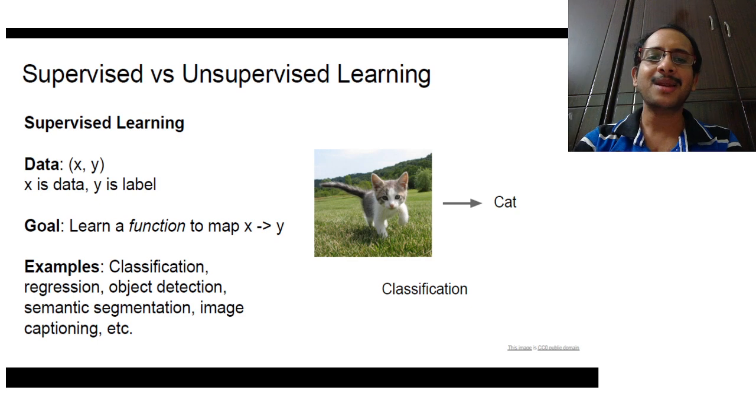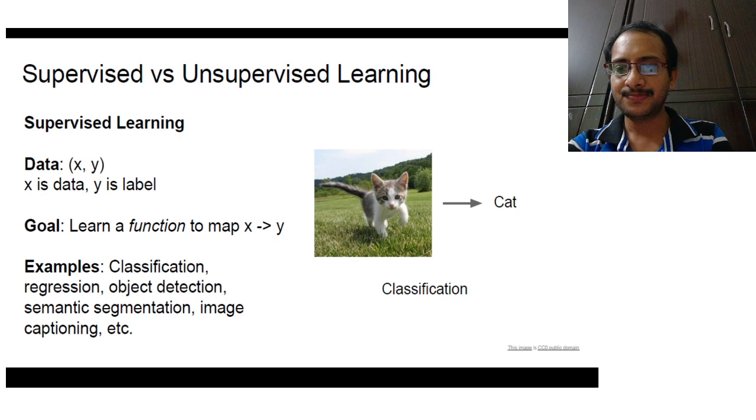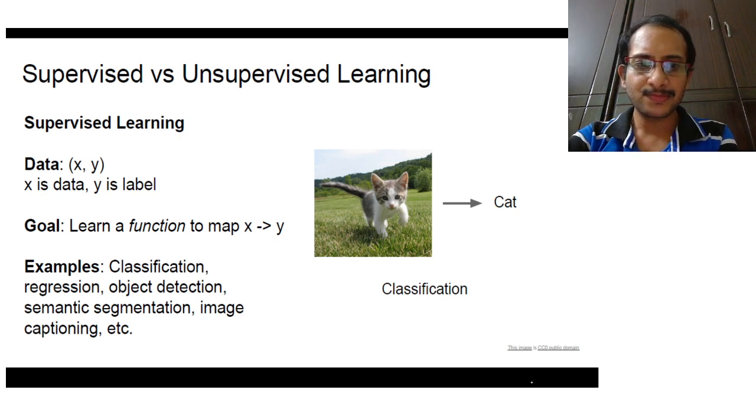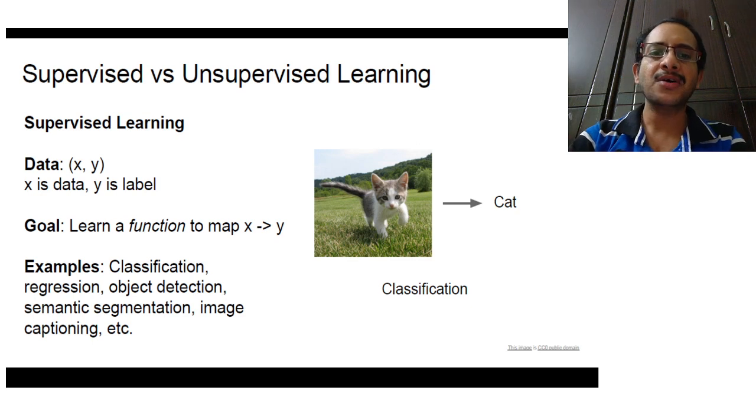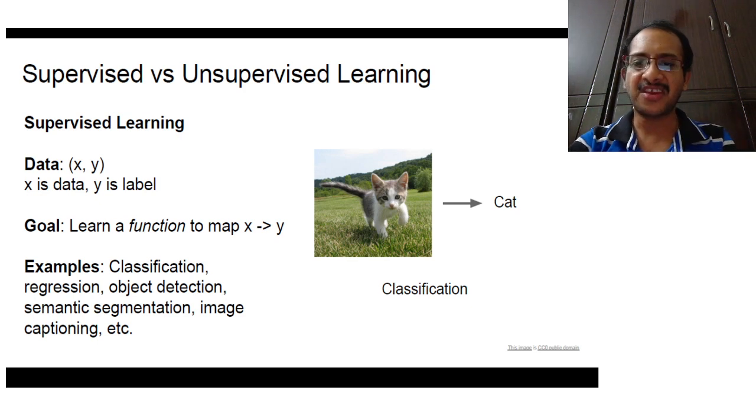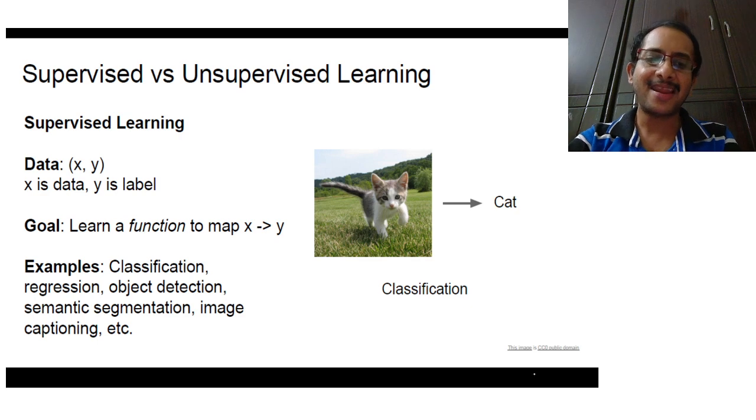Similarly, in semantic segmentation, we would like to learn for each pixel what the label corresponding to that pixel is. Say, for example, the pixel belongs to cat, background, green vegetation, etc. And these all come under supervised learning.